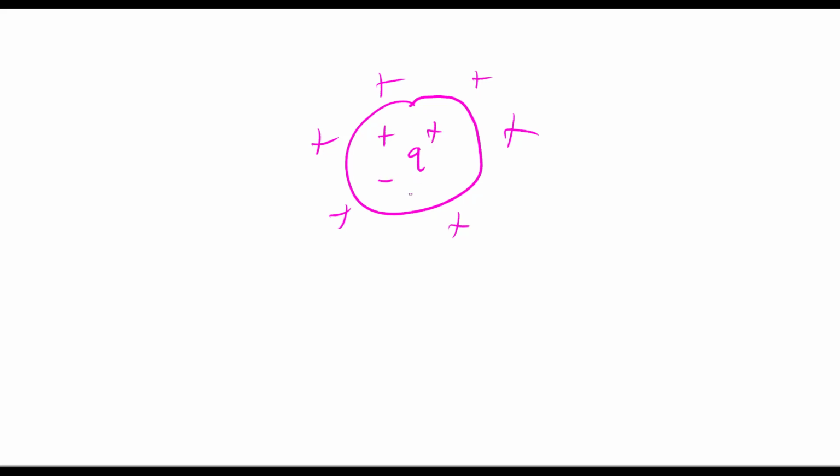When we do a Gaussian surface, we're not collecting anything, so it would be 0. So for question number 2, the answer choice would be 0.